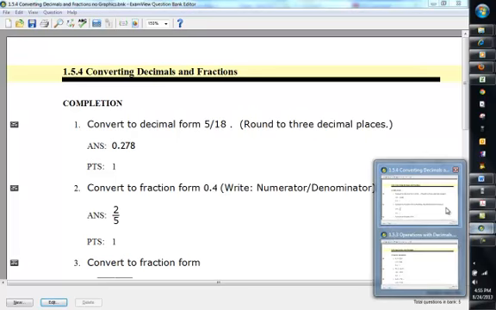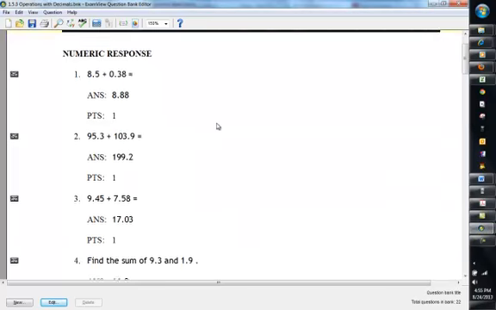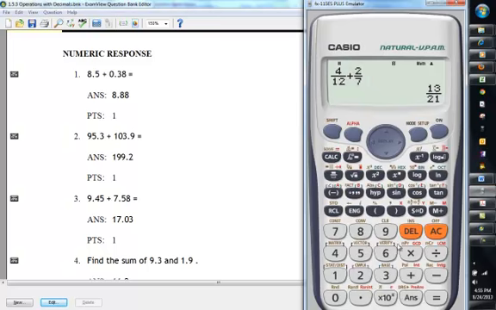Section 3, operations with decimals. Good time to take out the calculator. 8.5 plus 0.38. Now the 0 is just a placeholder, and we would get, notice it comes out as a fraction.